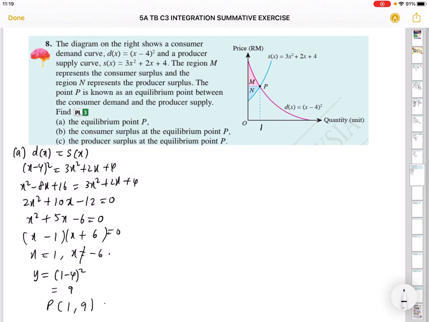Okay, so that is the first part. All right, the second part: find the consumer surplus. The consumer surplus is given by the region M. To find M, since they give us y in terms of x, we can actually take the area under this curve minus this rectangle to find the region M, right?